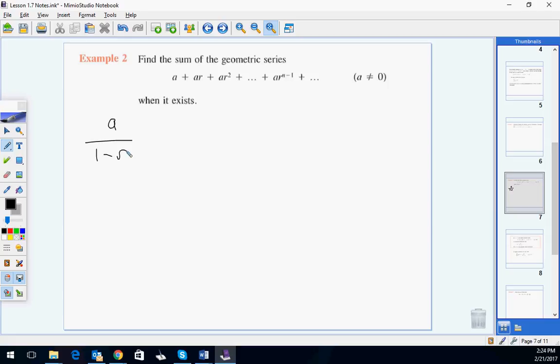Essentially this has us build that formula, so I'm kind of going backwards here. If we were setting it up based off the definition of a sum, S sub n would be a times 1 minus r to the n, all over 1 minus r.